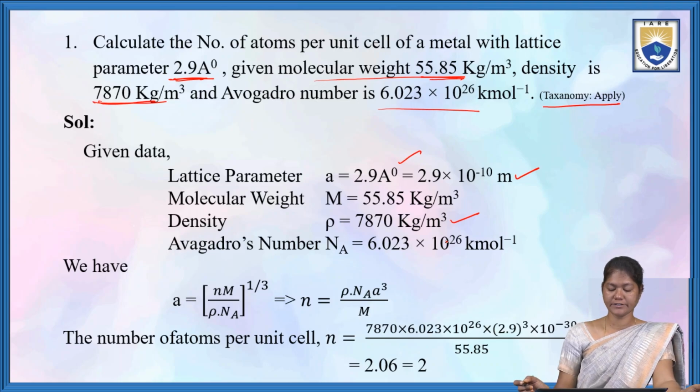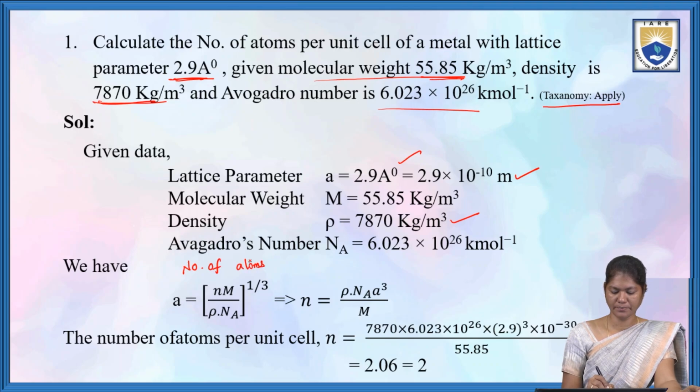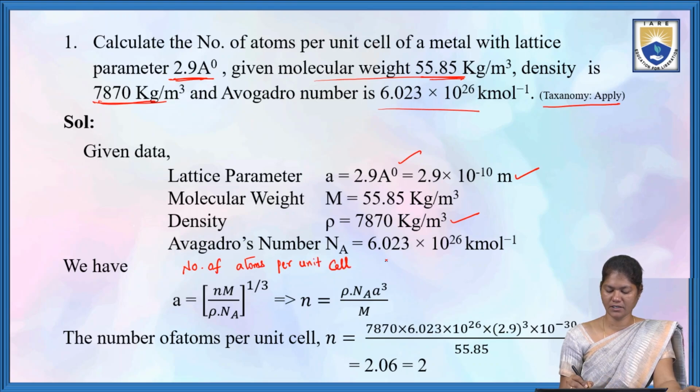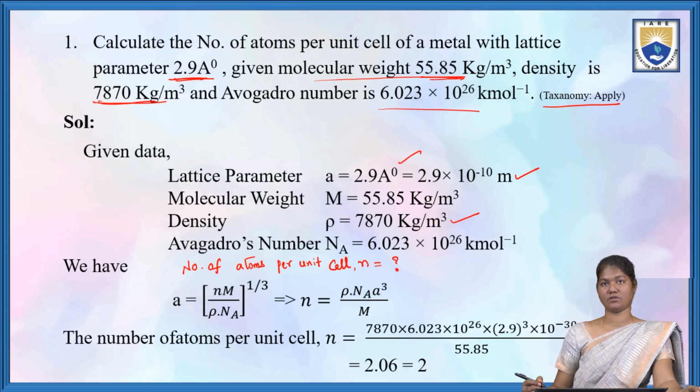So here we need to calculate the number of atoms per unit cell of a metal. The number of atoms is denoted with N. So N is how many atoms there are.